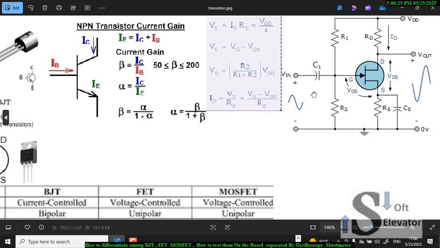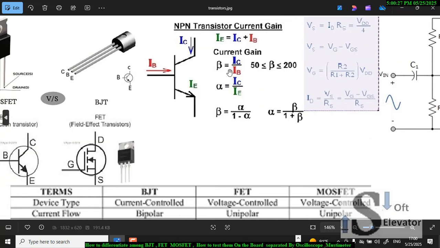So it's very simple. Here we have three important equations: I emitter equals IC plus I base. IC always flows in this direction, the I base in this direction, and IE in this direction. Beta is the gain factor. By the way, these transistors can work as a switch or an amplifier.